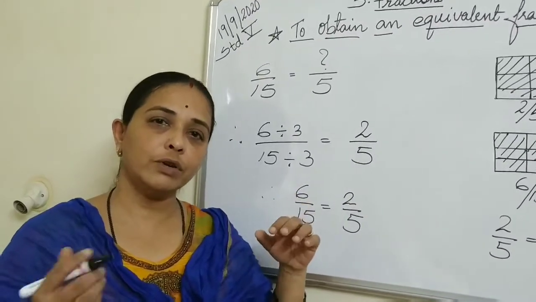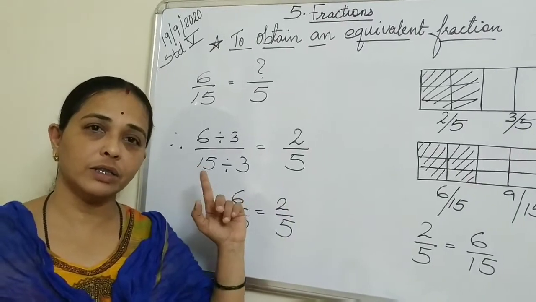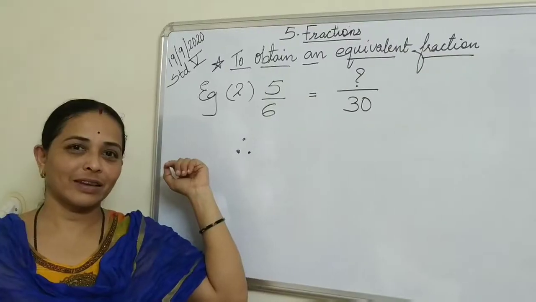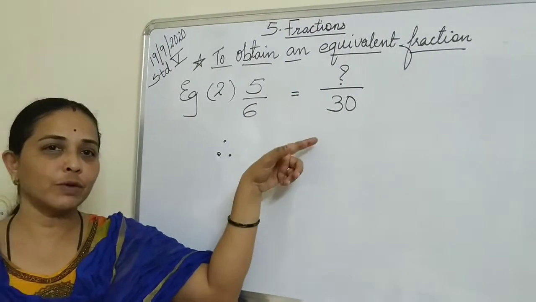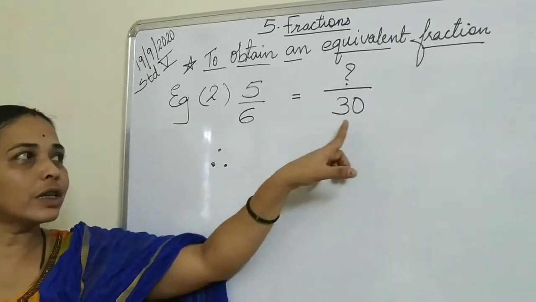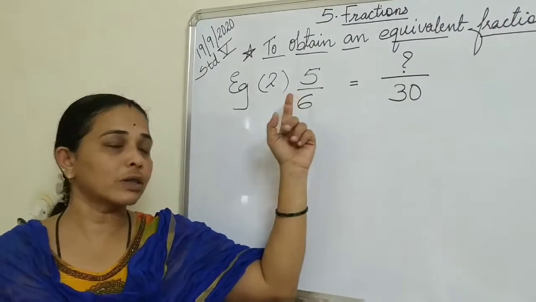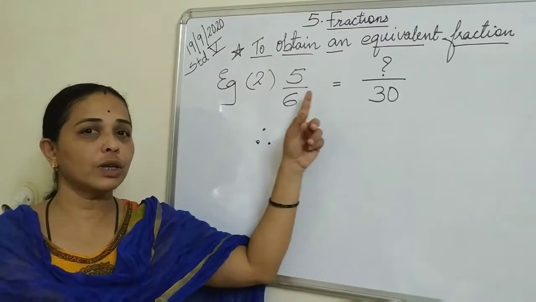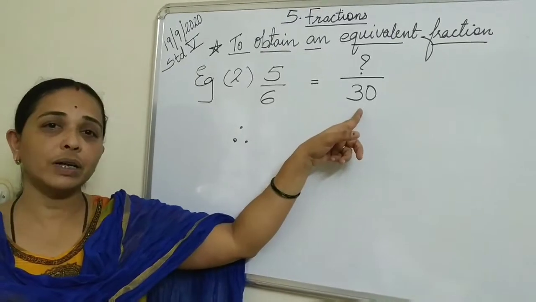Okay, I'll give you the notes in the afternoon, but please understand this. We'll take a second example, 5 upon 6, and we have to find an equivalent fraction with denominator 30. Now this number is big and this number is small, so naturally the idea is to multiply. After multiplying we get a bigger number.